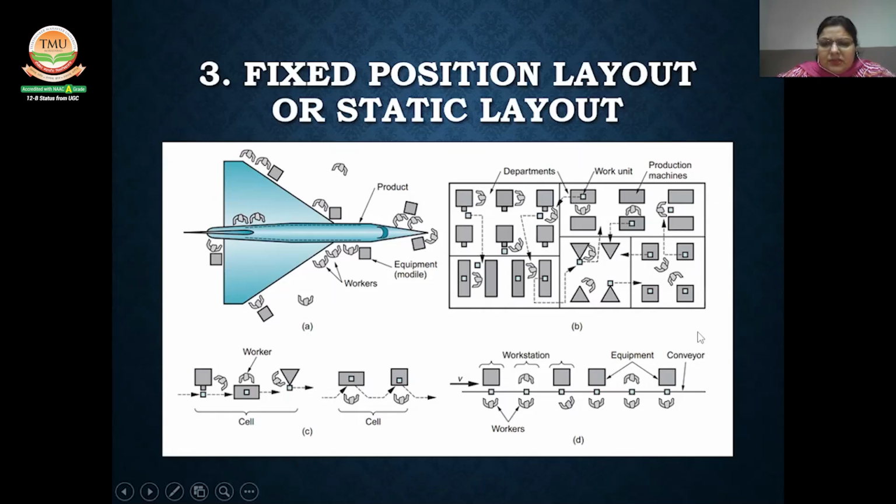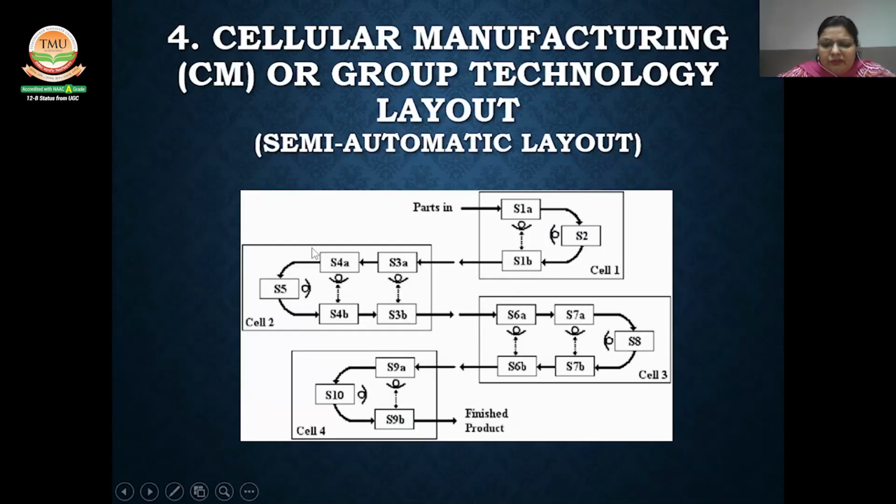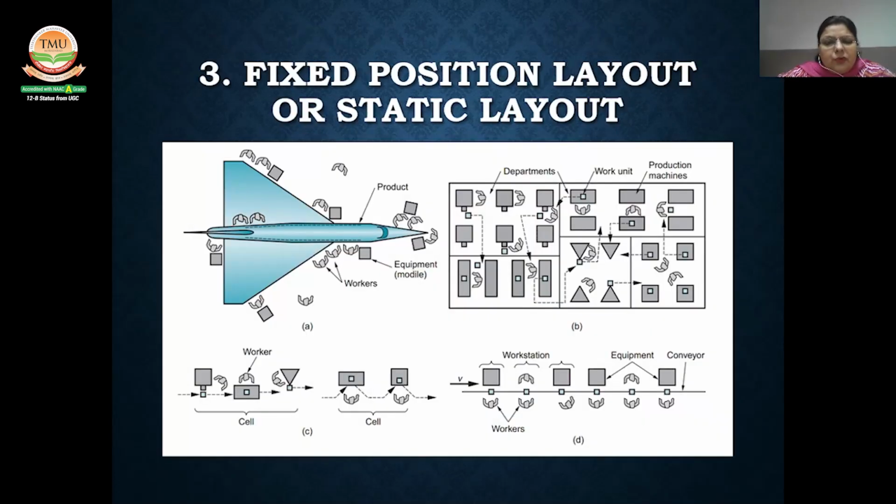Production machines also reach there, and workers will reach there, and then they will start working on that particular product, and we will find the finished product after the attachment of all the raw materials, or we can say the parts and components. So this work is done in, we can say, airlines, or in the navy department.